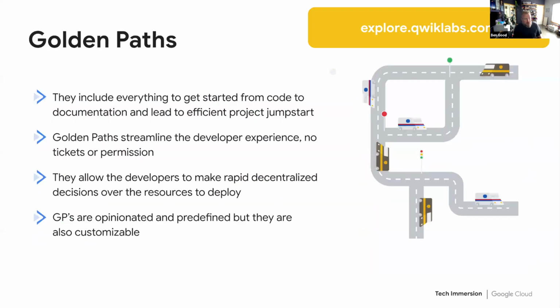Just one last quick slide here to make sure we're all on the same page. When we talk about a golden path, we're talking about something that streamlines the developer experience. That could be something as simple as documentation of this is the way to go about accomplishing task XYZ. Or it could be something highly automated, where you click a button or hit a command line interface and then something comes out of there. That can be the golden path as well.